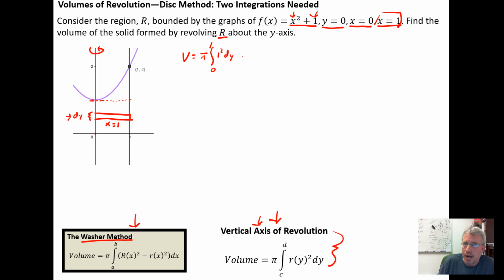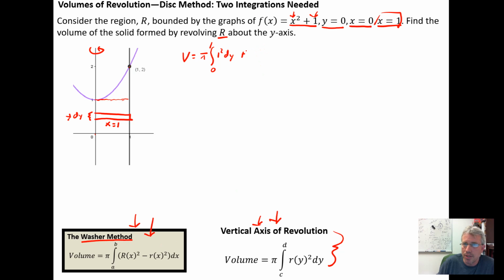And then I'm going to add on to that the volume of the region I get when I revolve this around the y-axis. And what I want to recognize here is I have a washer method with this piece missing. So starting here and running through here, I'm going to use my washer method.